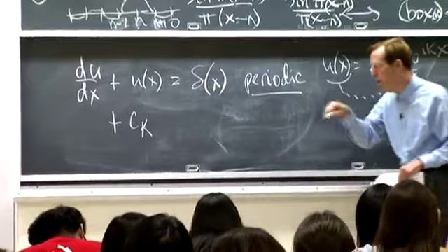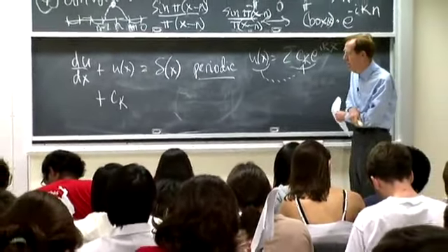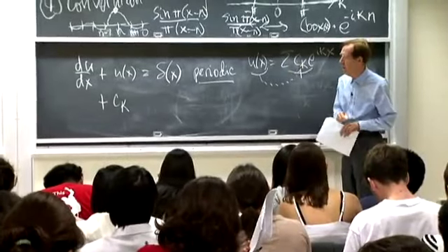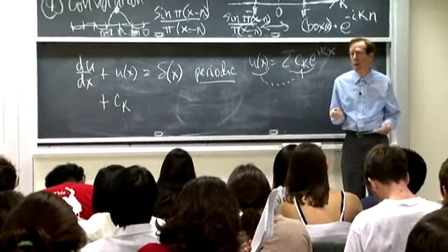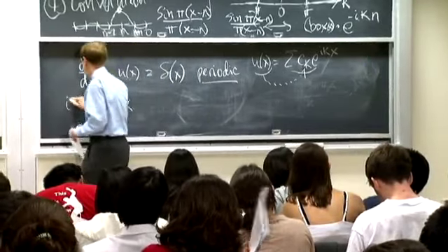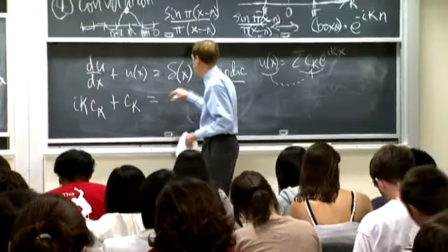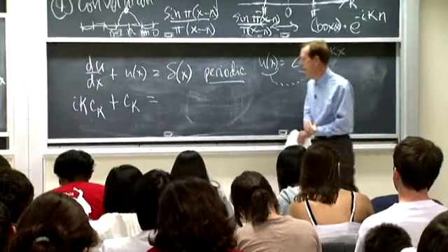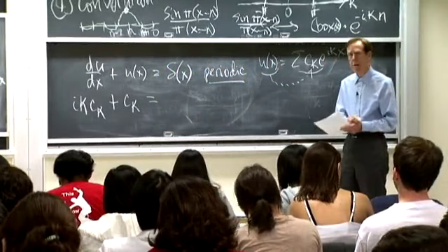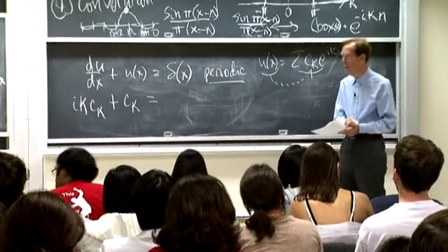What's the kth coefficient? So this is all the e to the ikx term. What's the kth coefficient of the derivative? ik ck, right? And what's the kth coefficient of the delta function? 1, or is it 1 over 2 pi?